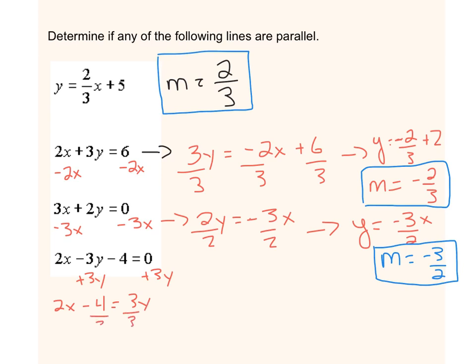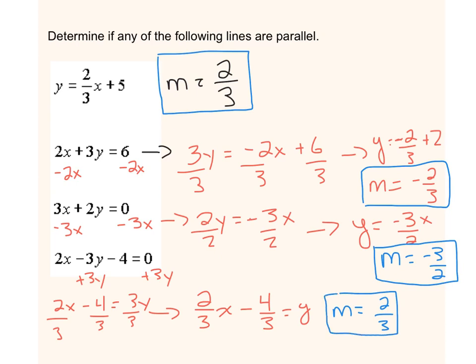Divide them all by 3. Two over 3 x minus 4 over 3 equals y. The slope here is 2 over 3.